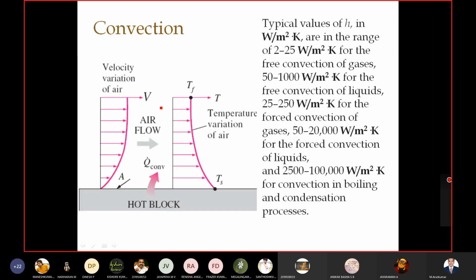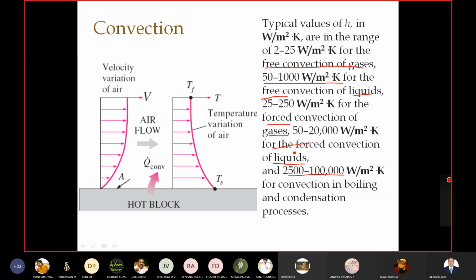The typical values of h are in units of watts per meter squared Kelvin, in the range of 2 to 25 for free convection of gases, then 50 to 1000 for free convection of liquids, then 25 to 250 for forced convection of gases, then around 50 to 20,000 for forced convection of liquids, then 2,500 to 1 lakh watts per meter squared Kelvin for boiling and condensation processes.